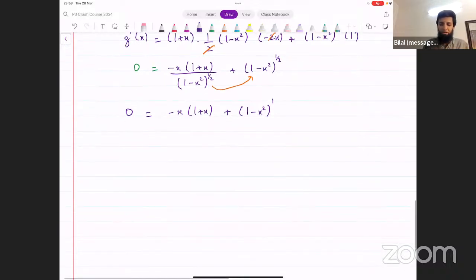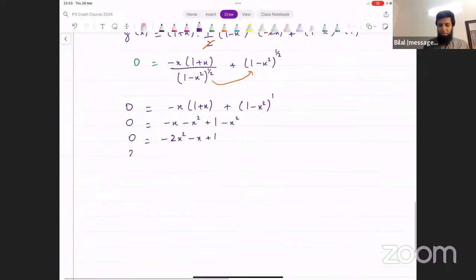Now let's simplify this. Minus x squared minus x plus 1 minus x squared equals 0. And we get minus 2x squared minus x plus 1 equals 0, and then 2x squared plus x minus 1 equals 0. If all that was not enough, now they want us to solve this quadratic equation.